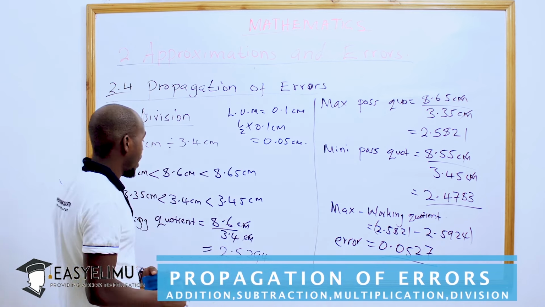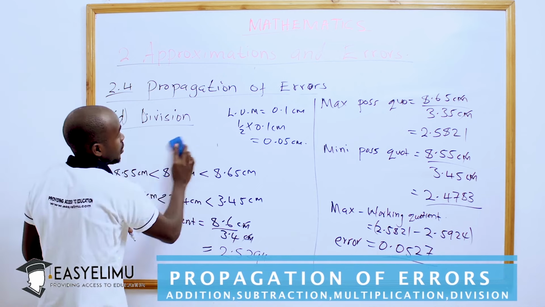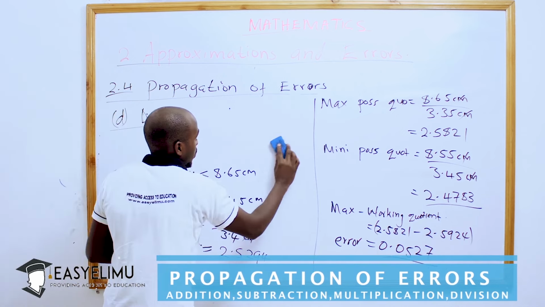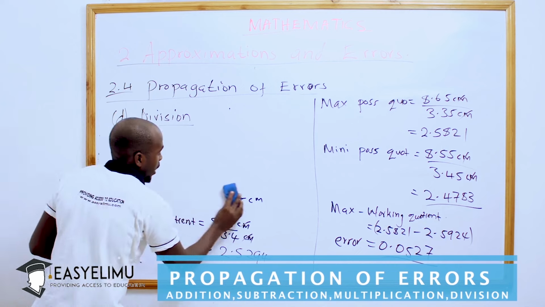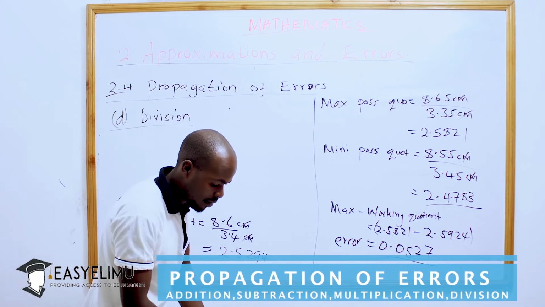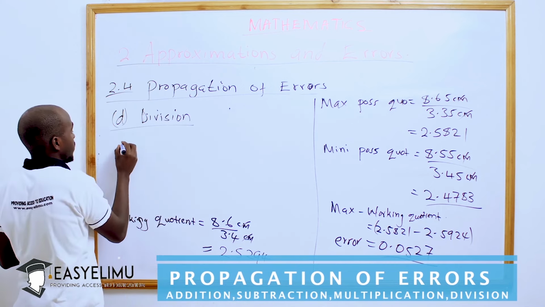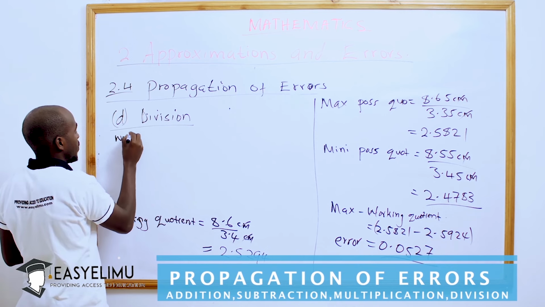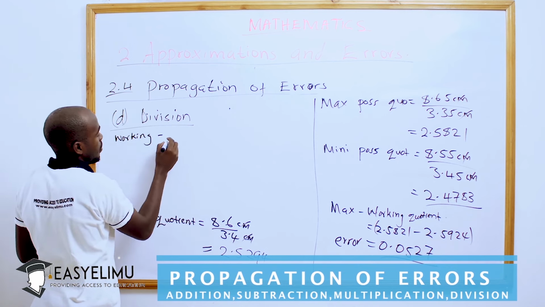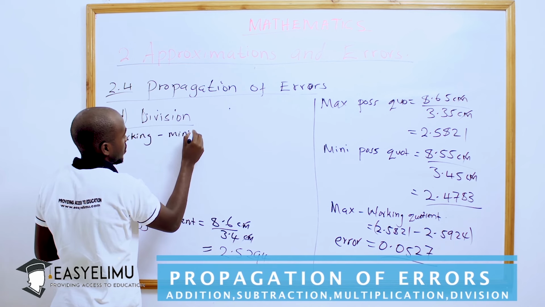And now let's find the error that occurred between the minimum and the working. So the error is the working quotient minus the minimum quotient.